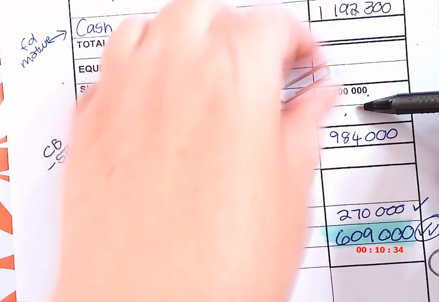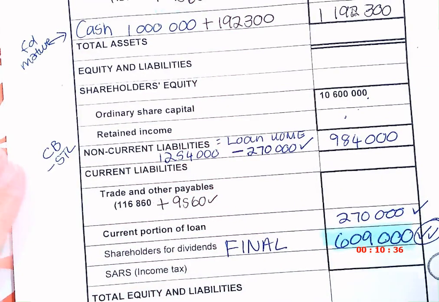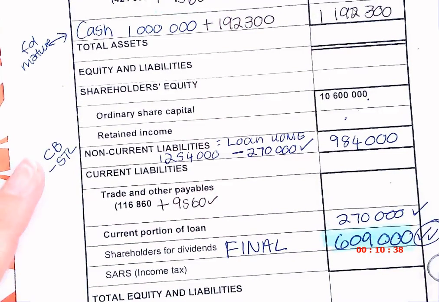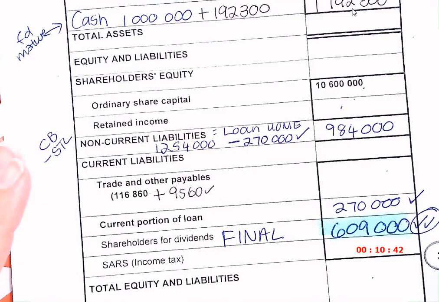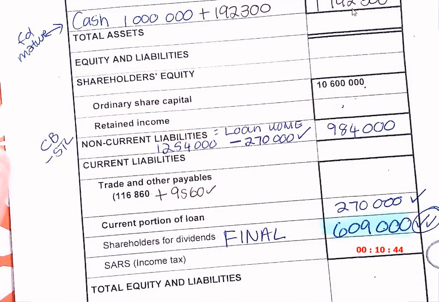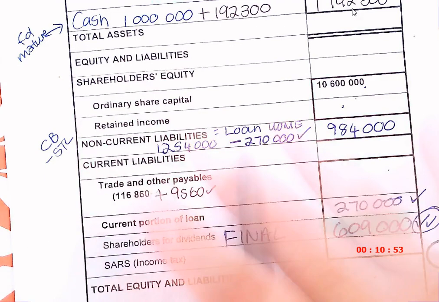I can't do my retained income because I need my net profit. I can't do my payables because I need the net profit. And I can't do the equities and SARS because I need the tax. Are we happy? So here I already got quite a lot of ticks.